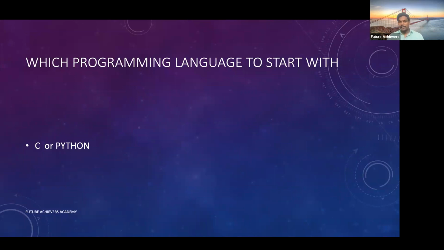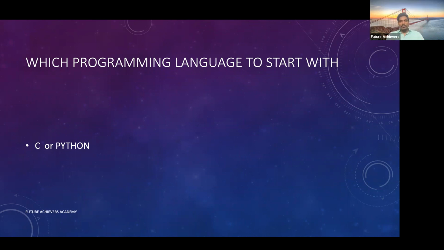So if you learn either C or Python, it's going to be easy. But what is important is solving problems. If you are good at solving problems, no language is a barrier for you. Most companies look for people who can solve problems, not people who can write programs in a particular language.